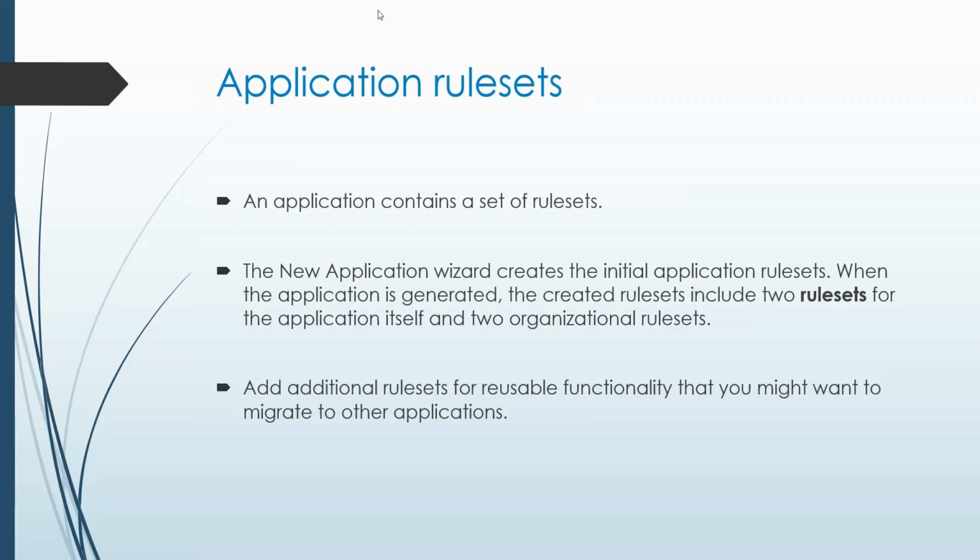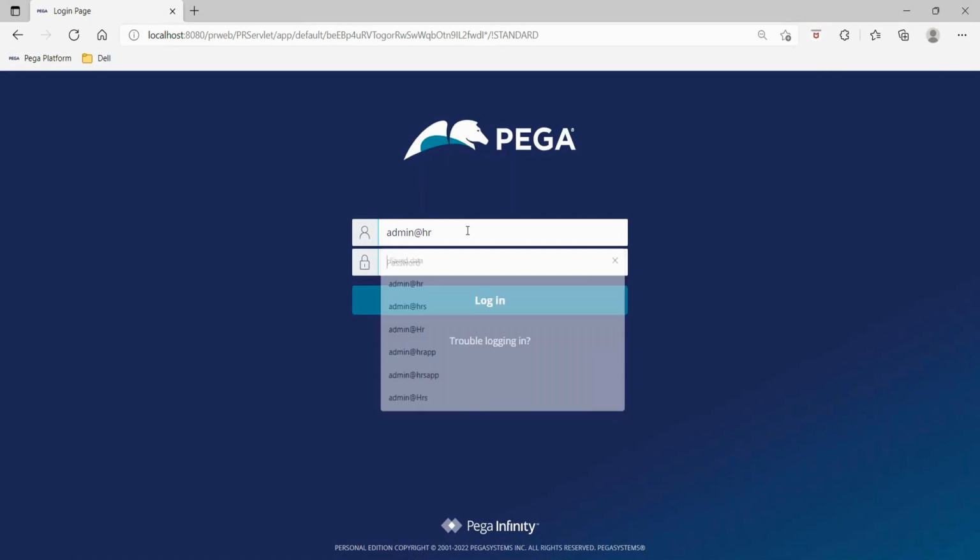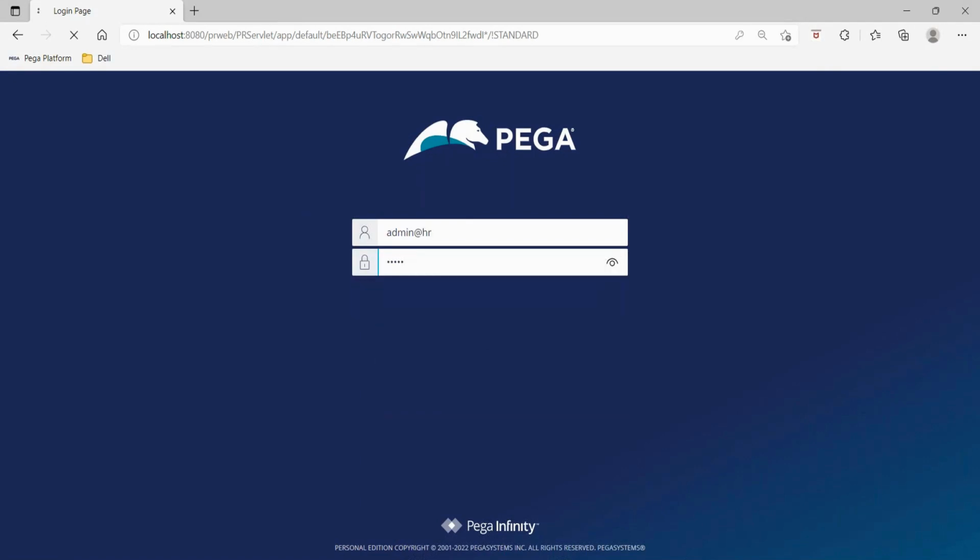So 4 rule sets are created by default by the system. Let us just have a look at them first. So let's log in. Typically they are your application rule set, application int rule set, organization rule set, and organization int rule set.